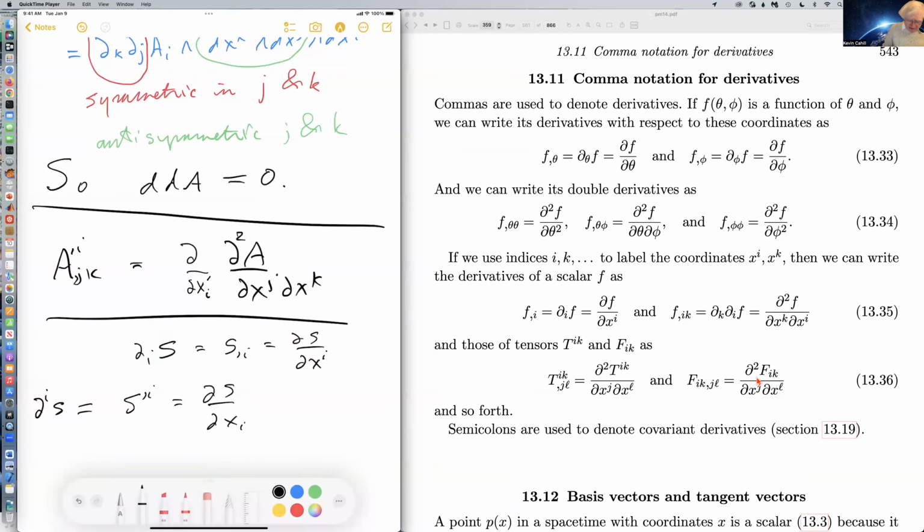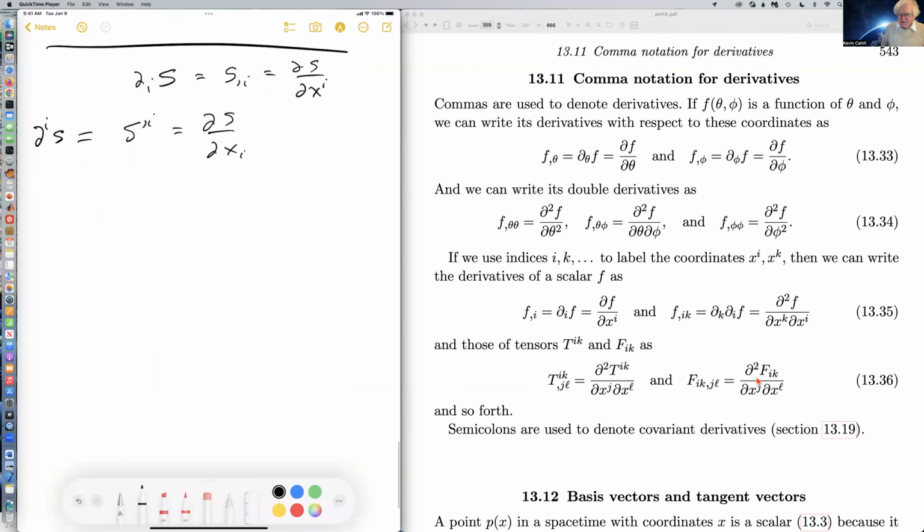So the question is, are you happy with comma notation? It has the advantage of brevity, and so the equations are, I think, easier to read. You don't have all those partial symbols everywhere, which can be distracting.